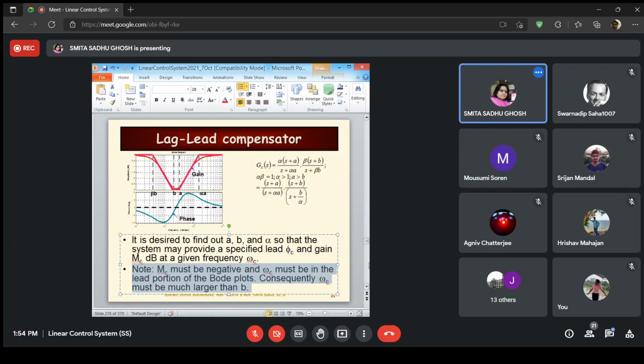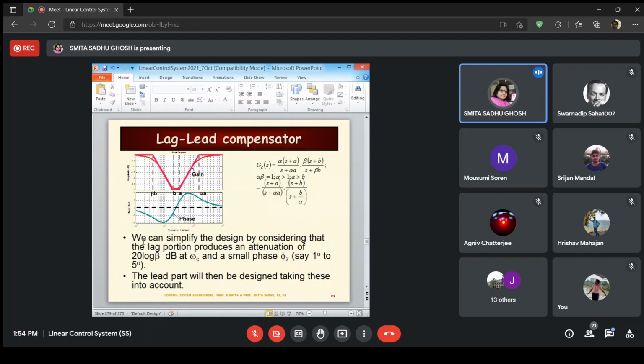Okay. So we can simplify the design by considering that the lag portion produces an attenuation of 20 log beta at omega c and a small phase phi 2. So basically what we are saying is that we are going to place our desired gain crossover frequency in the lead portion, that is, at the higher frequency range.